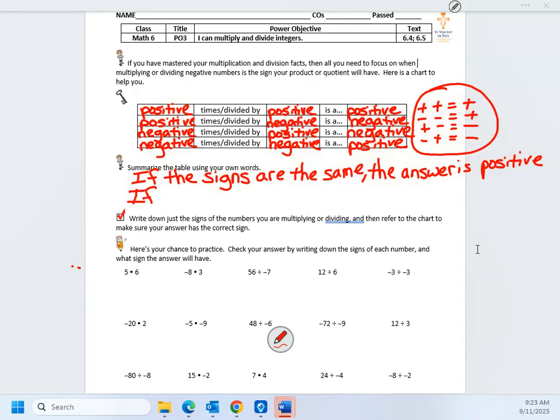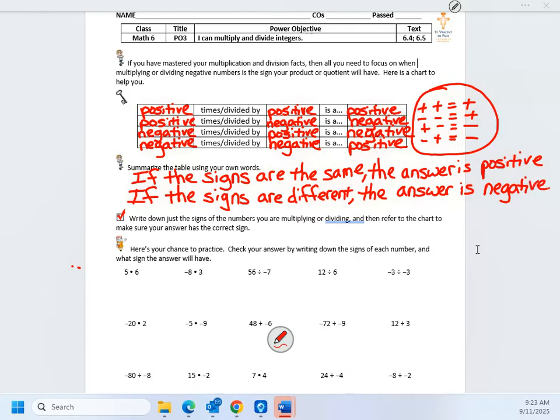If the signs are different, the answer is negative. Okay, so we can show it as a picture, we can show it with words. Signs are the same, answer is positive, signs are different, answer is negative.